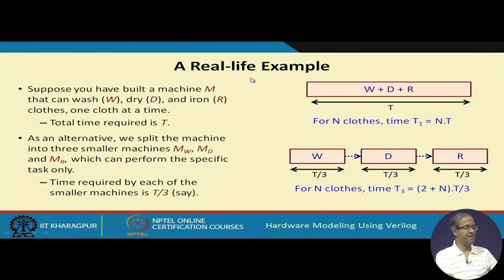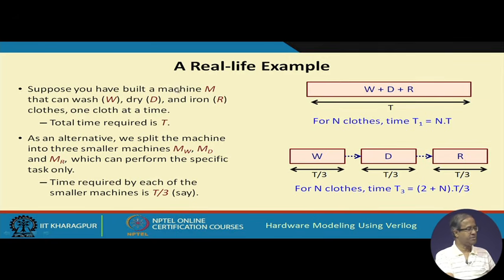Let us take a real life example to illustrate how pipelining helps. This has nothing to do with a computer system or a digital system. This rectangular box indicates some operation that you are doing.